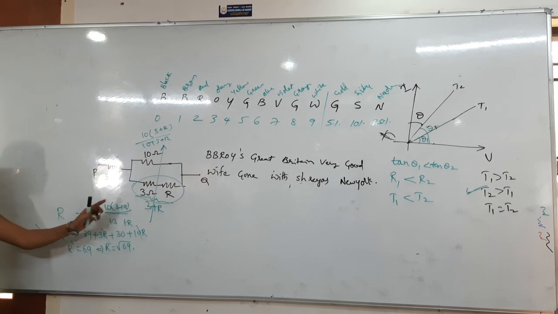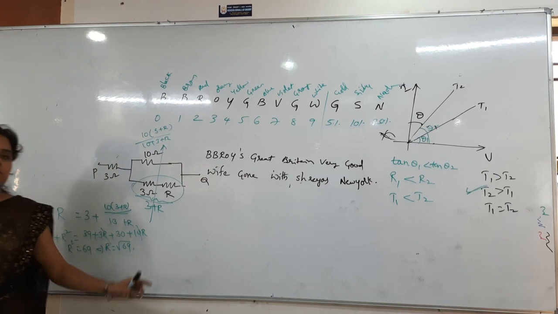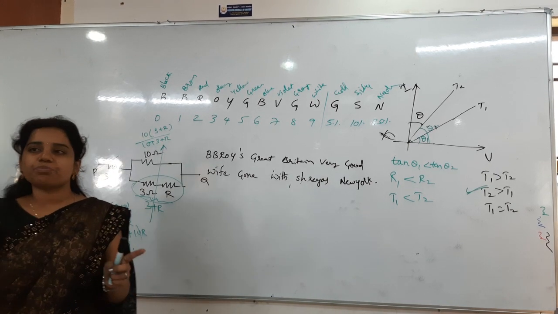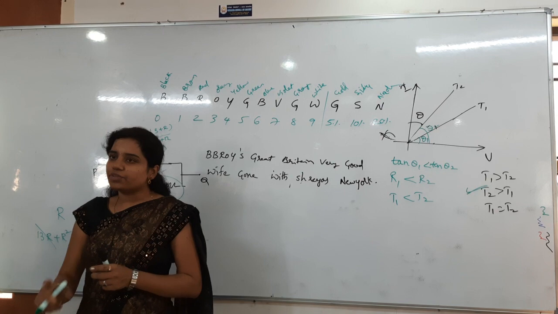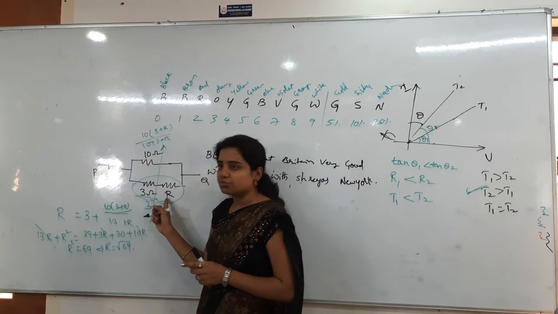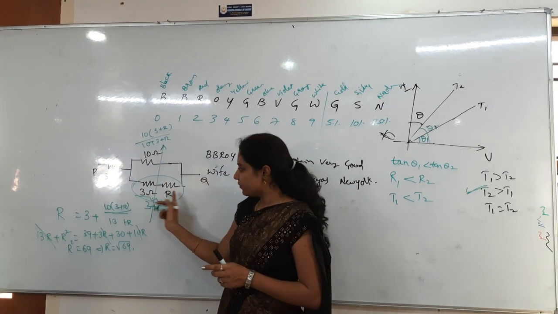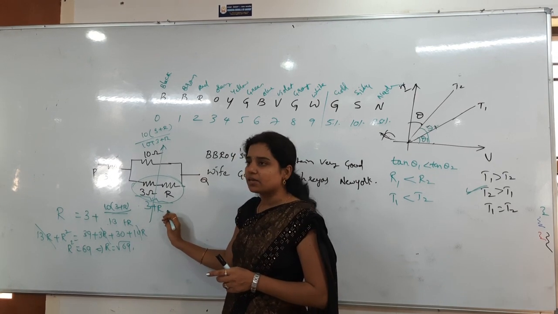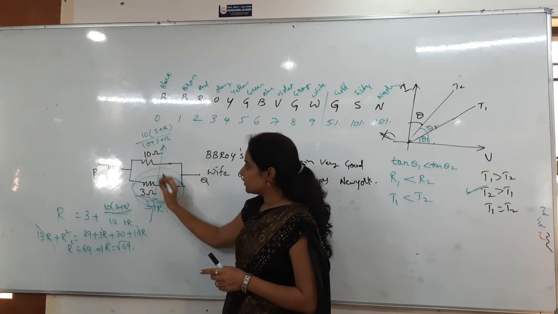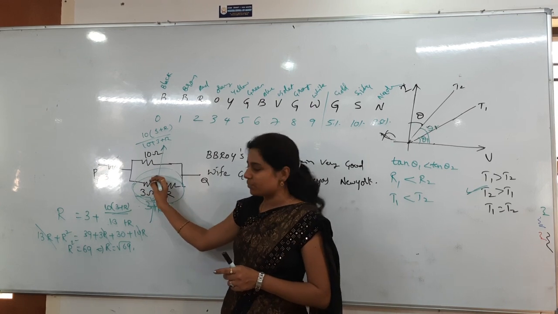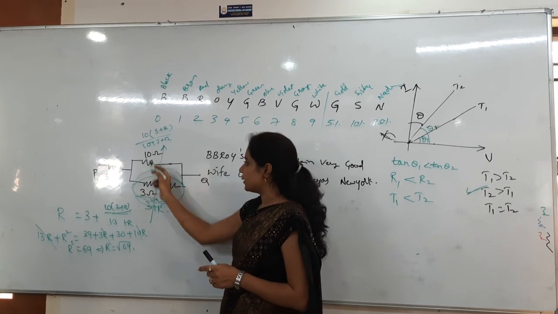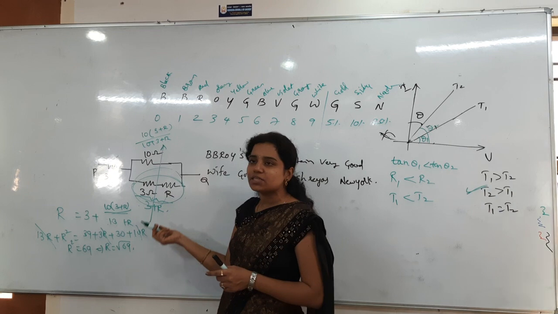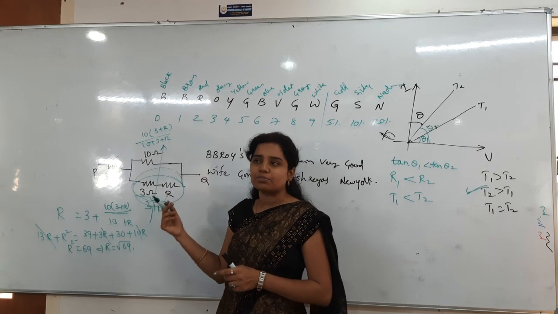So here the main thing is, the question says if the net resistance between P and Q is R, then what should be the value of R? That is what you have to find out. For that I have taken these two in series combination, that is 3 plus R. Then this entire combination is in parallel, so 10 into 3 plus R by 10 plus 3 plus R, R1 R2 by R1 plus R2.